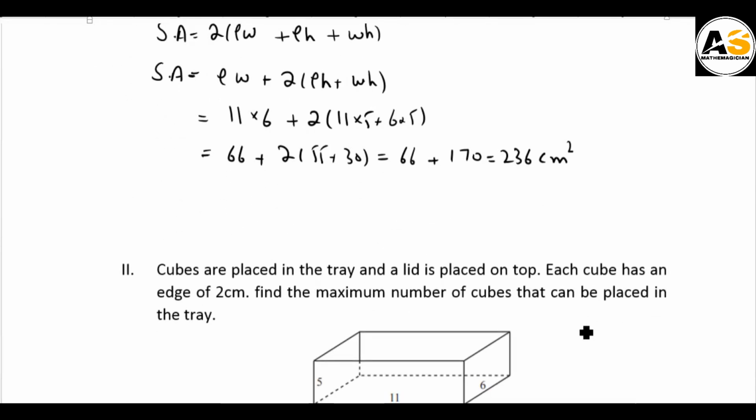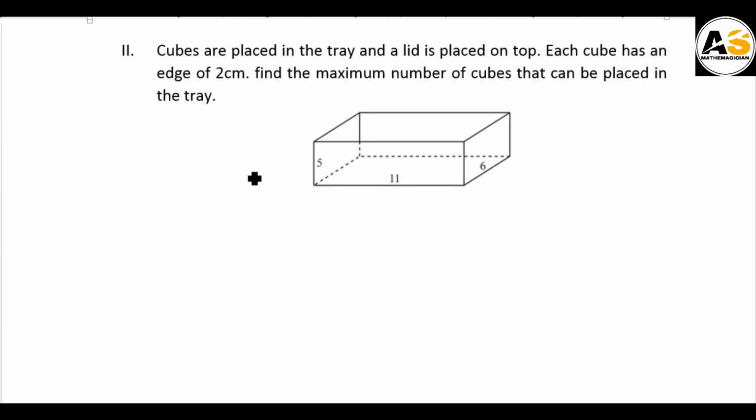In second part, we are given that cubes are placed in the tray and a lid is placed on the top. Each cube has an edge of 2 centimeter. So we are placing small cubes like this, length, width, height each is 2. So how many cubes will be placed over here? There will be 5 cubes placed and we will be left with 1 centimeter in the length.